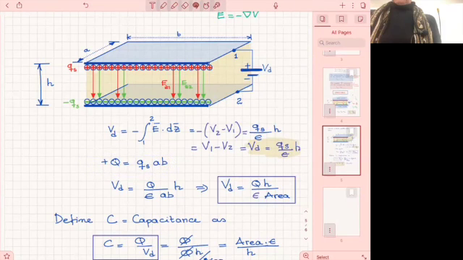So now I can take this expression for V sub D, the potential between the two conductors, and write it in this form, where A times B is the area of each conductor.